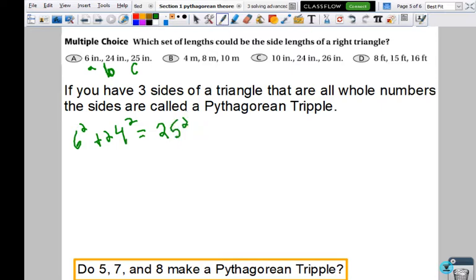So 6 squared is 36 plus, I don't know what 24 squared is off the top of my head. 24 squared is 576. And I want to see if that equals 25 squared, which is 625.